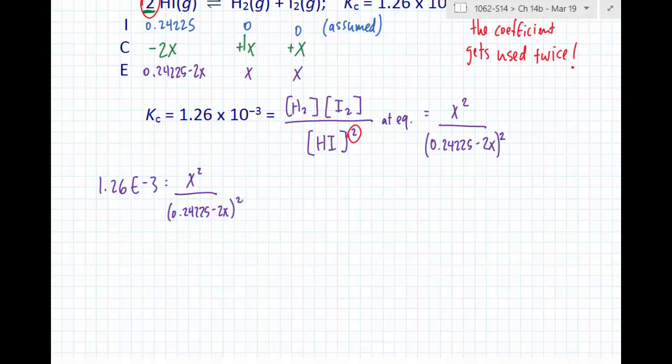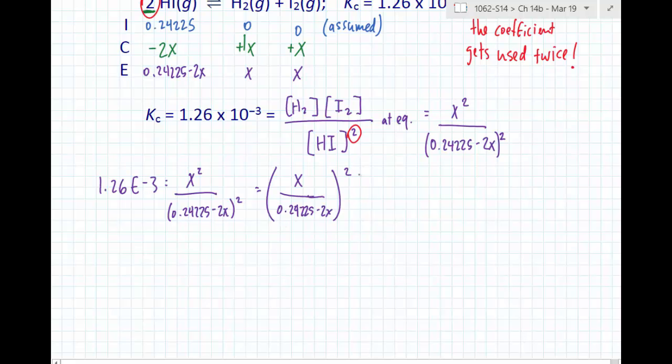We can get rid of the exponent immediately by taking the square root of both sides, because that's the same as x over... So if we did the square root of both sides, 1.26 times 10 to the minus 3, that gets rid of those exponents.